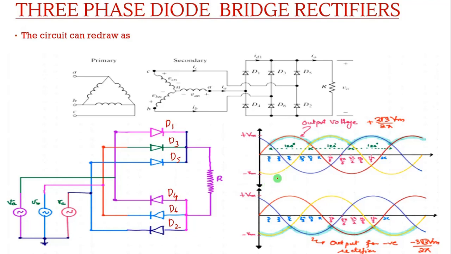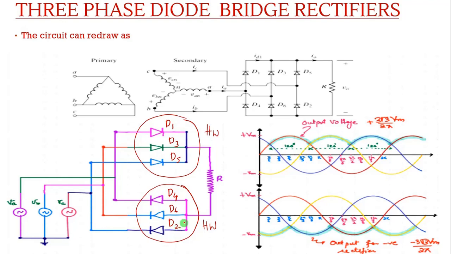You can see here one half-wave rectifier, and here another half-wave rectifier connected in the opposite direction. So in both the positive and negative half cycles, these diodes will be conducting. In the positive half cycle, diodes D1, D3, D5 will be conducting, and in the negative half cycle, diodes D4, D6 and D2 will be conducting.